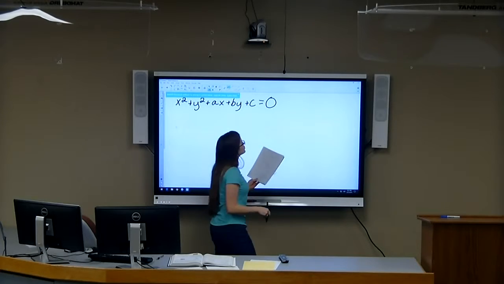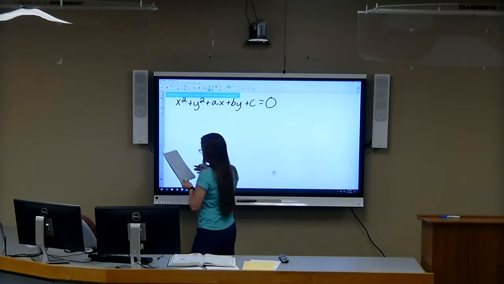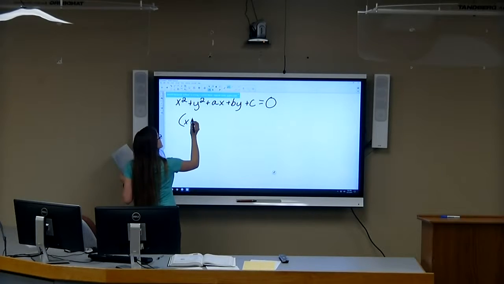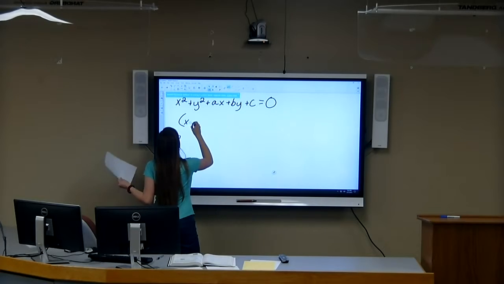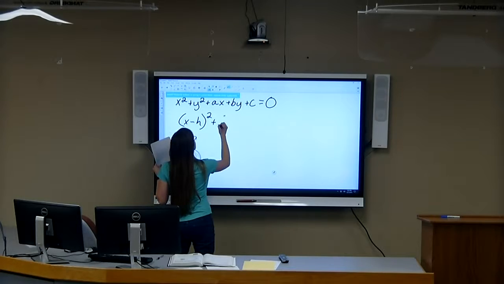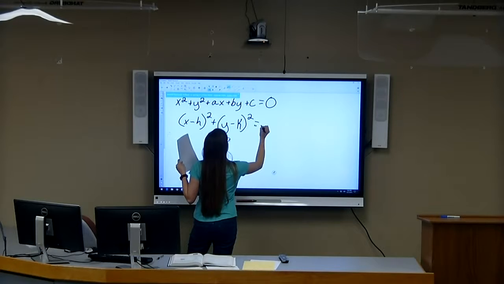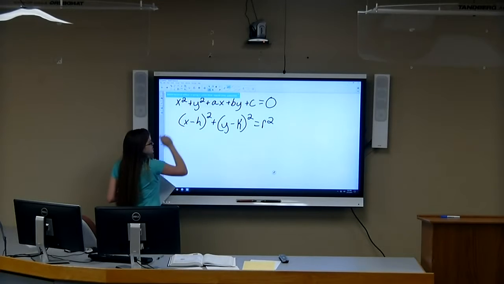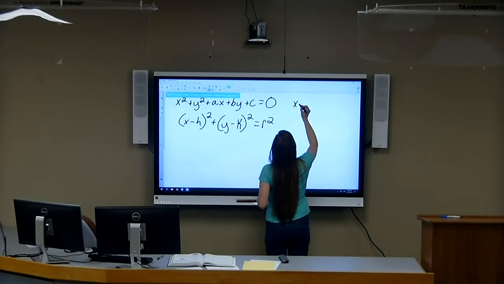You're going to start out using the form you just used a little bit ago, which is x minus h squared plus y minus k squared equals r squared. So this is the form you're going to start out with. This is what you want to get it to. So let's go ahead and plug in those numbers, just like we did last time.